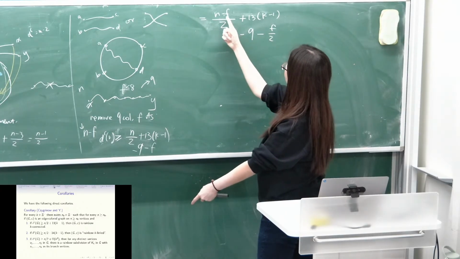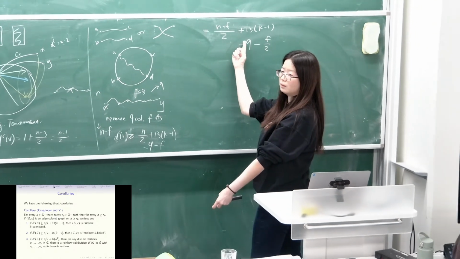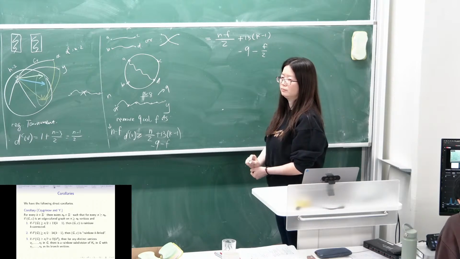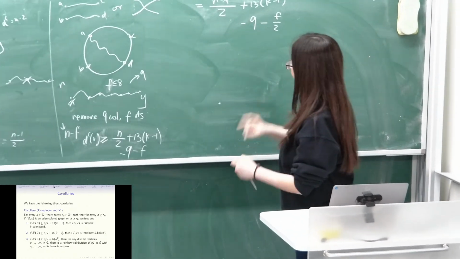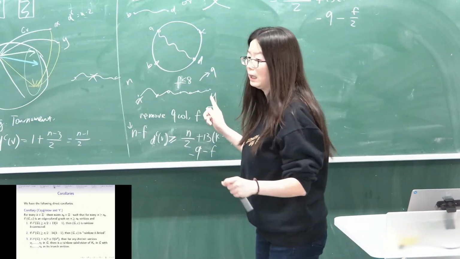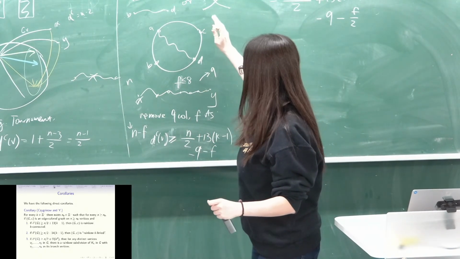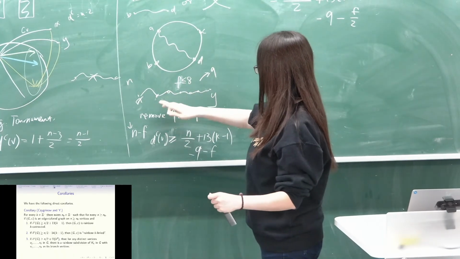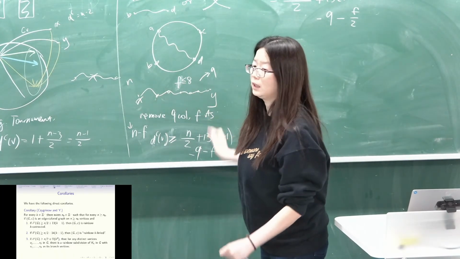There's already a half moving to this half of n part. So what I did is that when I remove a rainbow path between x and y, now in the entire graph, I ignore all the vertices already used and all the colors already used.